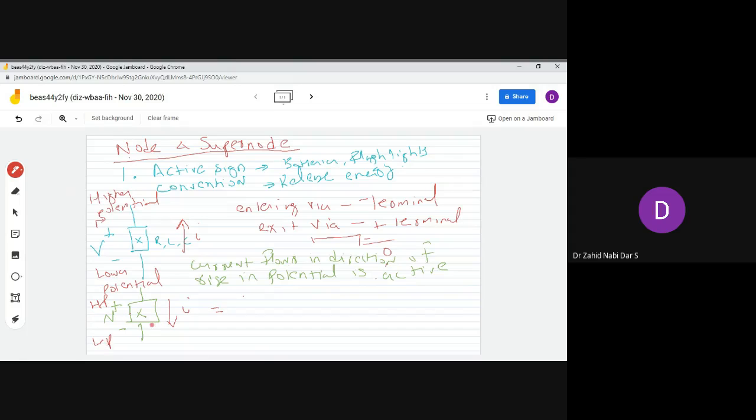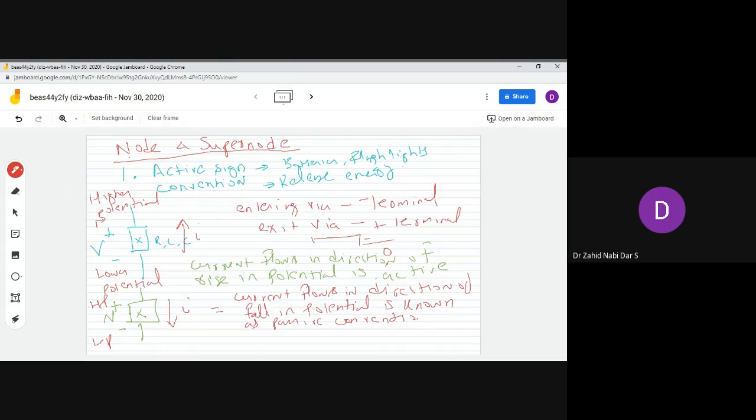This type of convention, where current flows in the direction of fall in potential, is known as the passive sign convention.